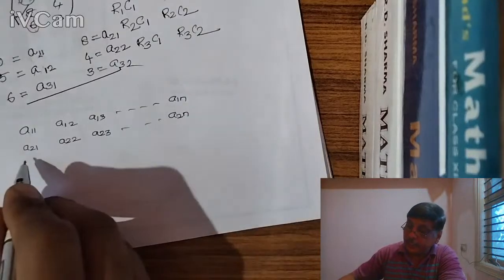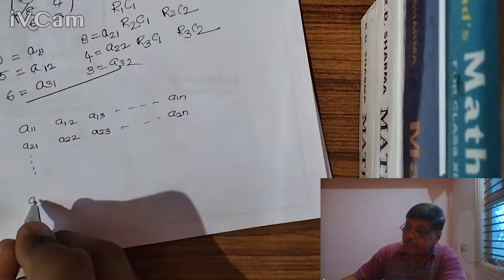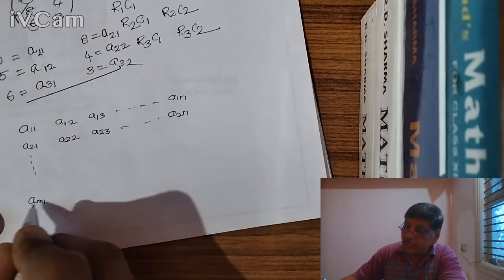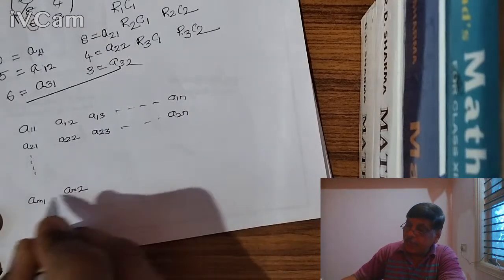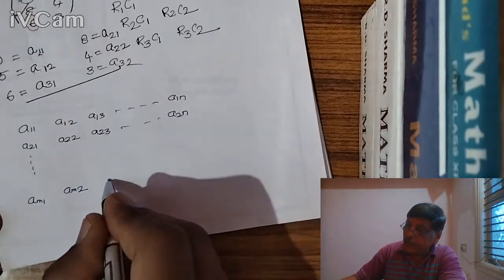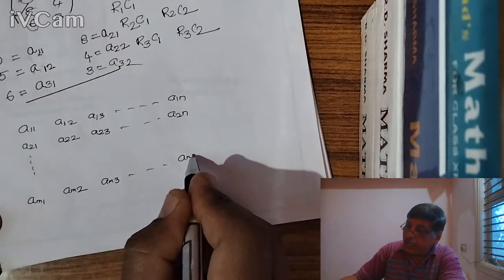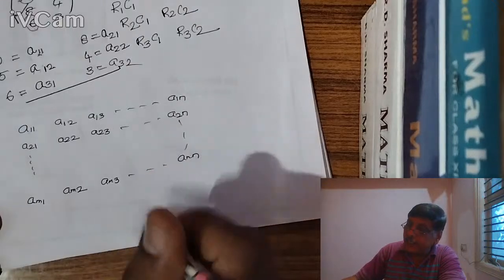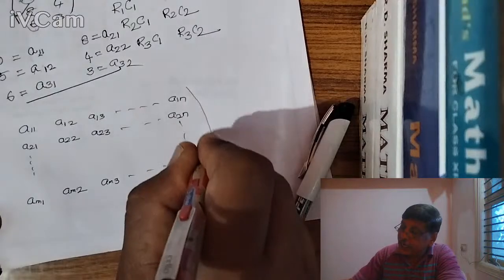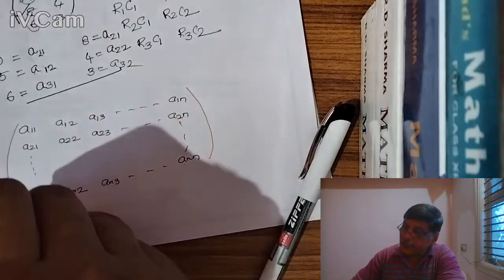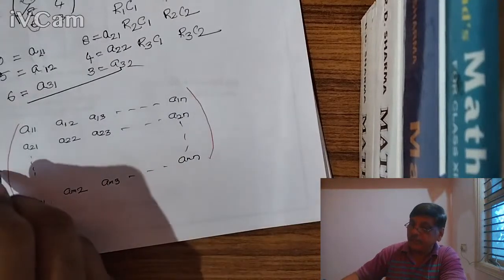Next, I take m rows: am1 means mth row, first column; am2, mth row, second column; am3, and so on, up to amn. Is it right? So this is said to be a general matrix.